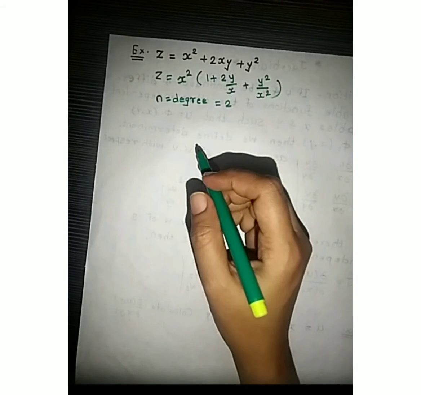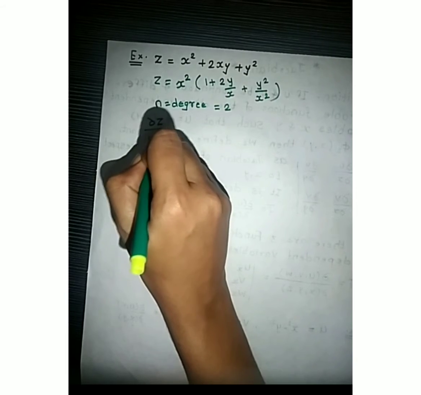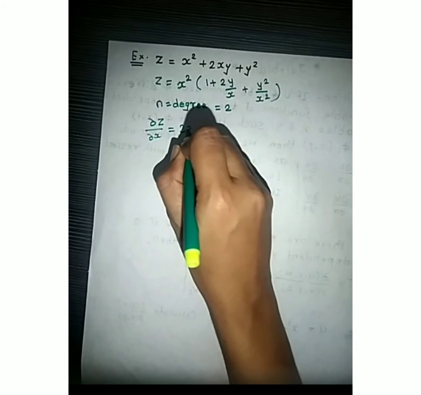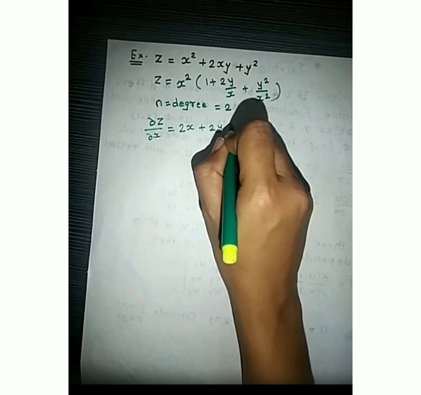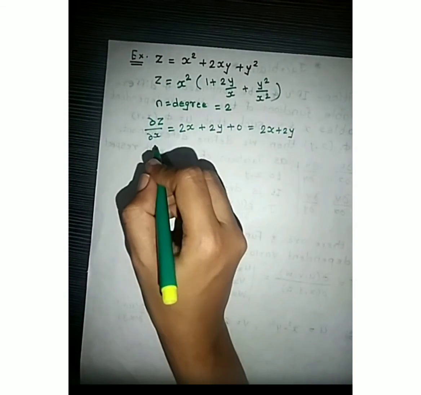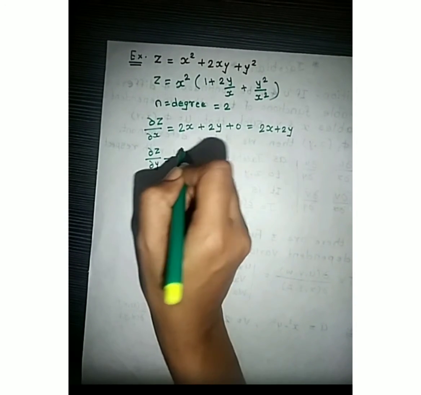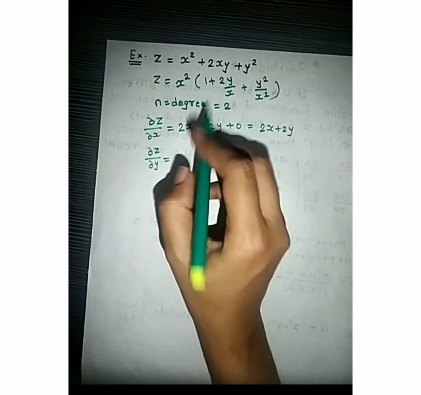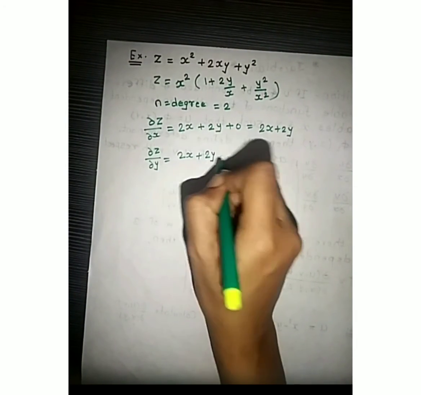Here n is equal to the degree of the homogeneous function, which is 2. Now we will find the partial derivative of z with respect to x. The partial derivative of x square is 2x, of 2xy is 2y, and of y square is 0, therefore it is equal to 2x plus 2y. Now we find the partial derivative of z with respect to y. The partial derivative of x square is 0, of 2xy is 2x, and of y square is 2y.